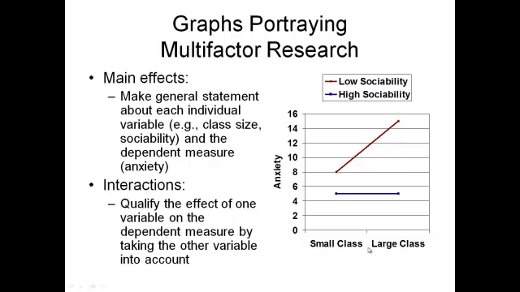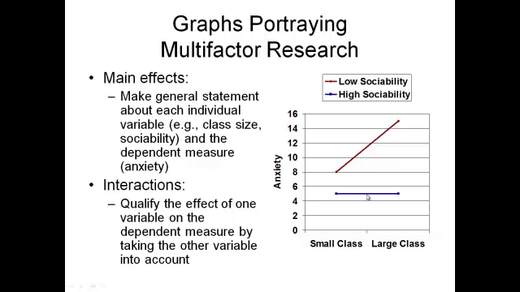Now, if we're looking at sociability, is there a relationship between sociability and anxiety? So people who have low sociability versus people with high sociability. Now realize that sociability is not something you can manipulate. Sociability is something that is naturally occurring. But the students who have low sociability, their average anxiety is right in the middle over here, about 11.